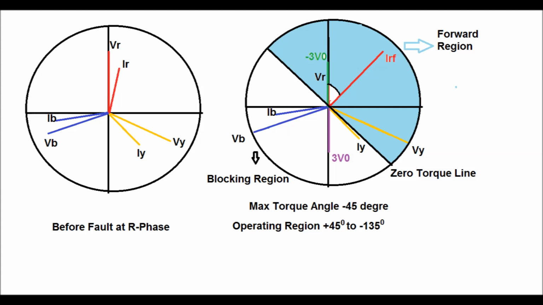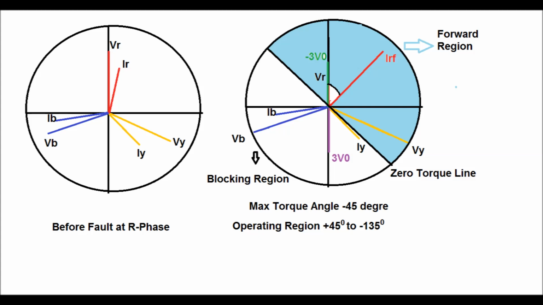Now in case of a numerical relay, if a fault occurs in the red phase, then the red phase voltage will dip, and at the same time the yellow and blue phase voltages will overshoot, and as a result the zero sequence voltage will develop.